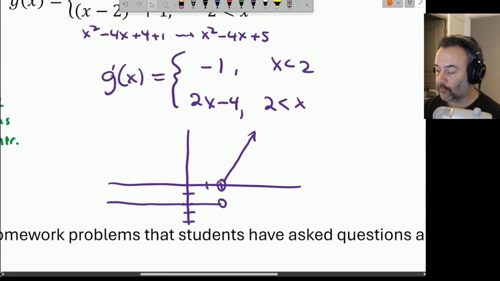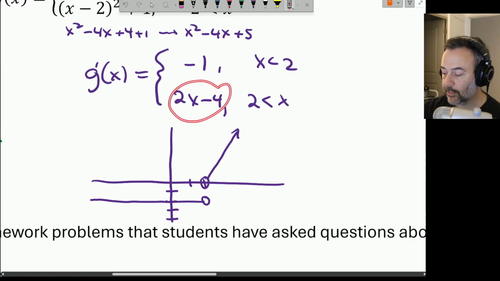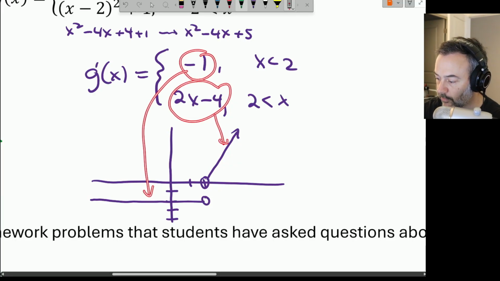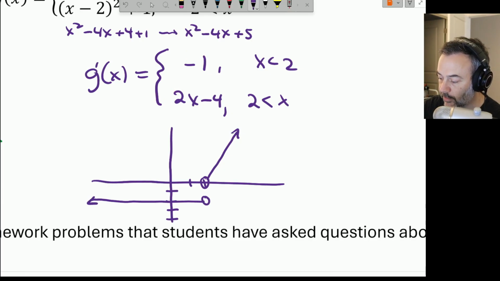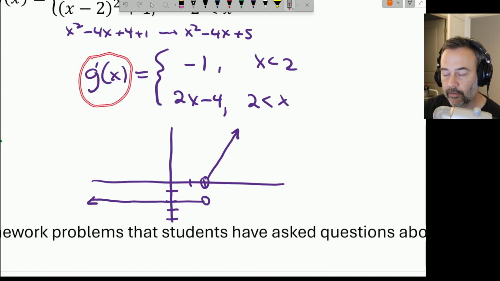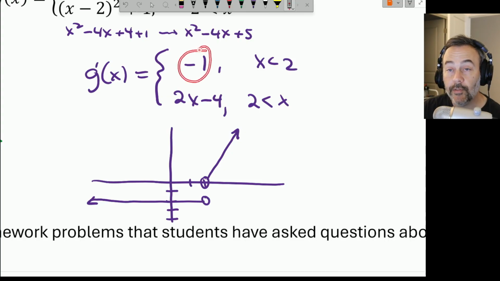So what I've done is I've graphed 2x minus 4 over here, and I've graphed y equals -1 over here. So the derivative looks like this. Well, the derivative has a jump in it. So the derivative is not defined where there's a jump. Another way to think of that is if I take the limit of the derivatives as x approaches 2 from the left, the slopes on the left-hand side of the graph are all -1.